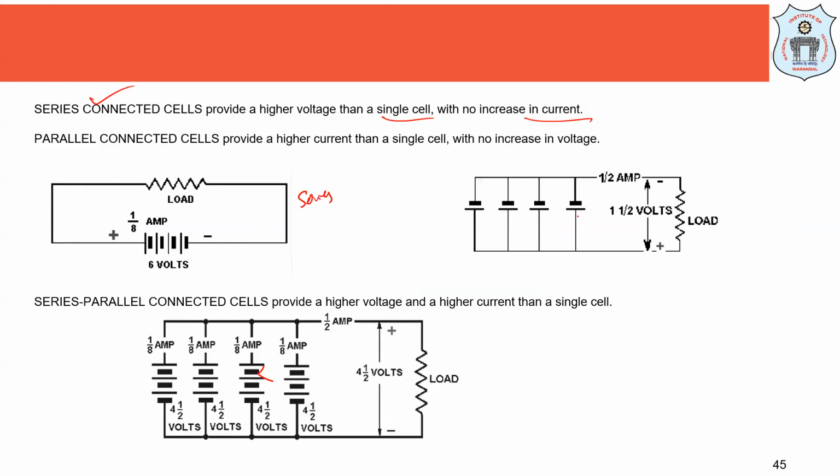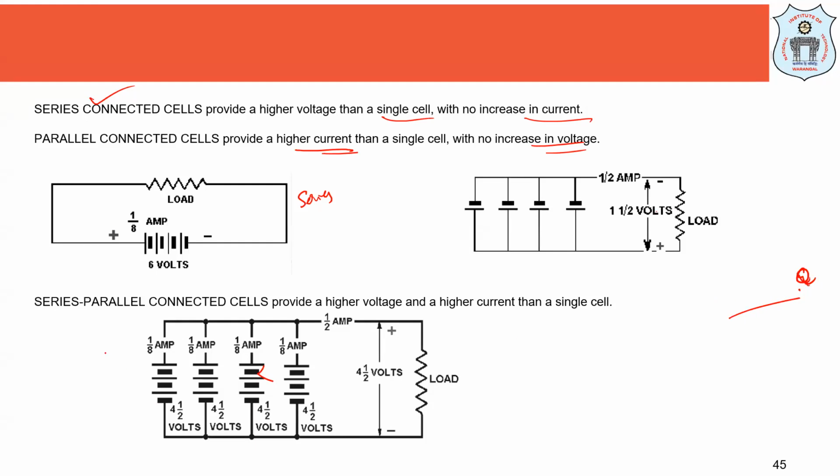So this is a parallel connection. What happens in a parallel connection is they will provide you higher current, but there is no increase in the voltage. Output voltage will be the same because it is connected in parallel. It's similar to our centrifugal pumps connected in series or parallel, right?